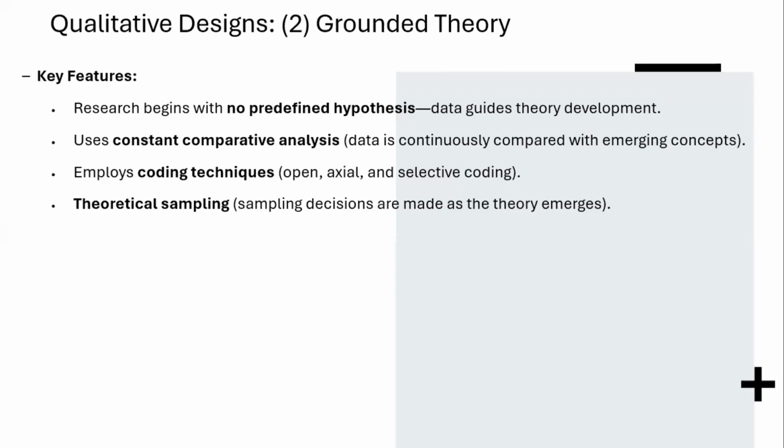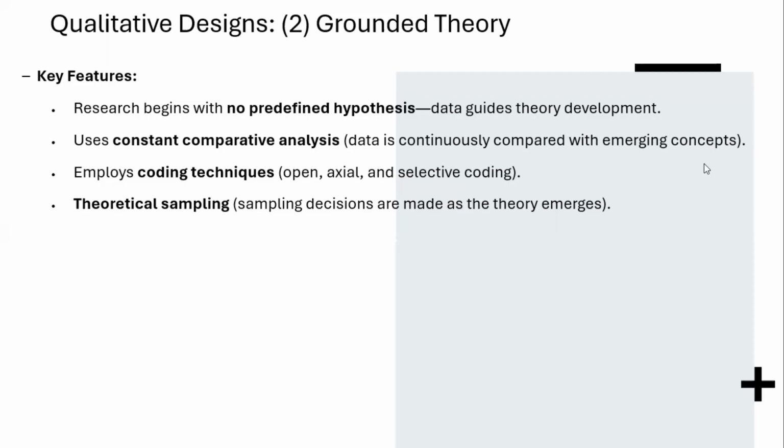No theory in mind, no particular philosophy, just a grounded theory approach, and no predefined answer in mind. And then there's also constant comparative analysis. You are always going back to your data to see what concepts are emerging.